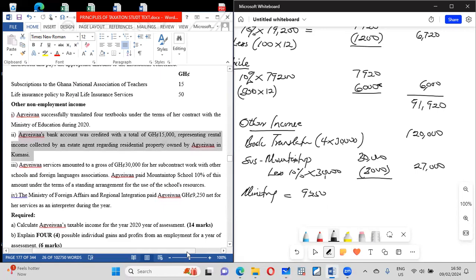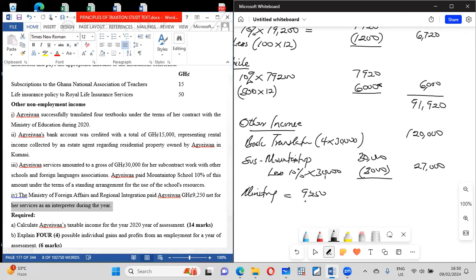It's a service she went to conduct. The ministry paid net after her service as an interpreter. Normally, withholding tax on service is 7.5%. So we are going to gross this up.